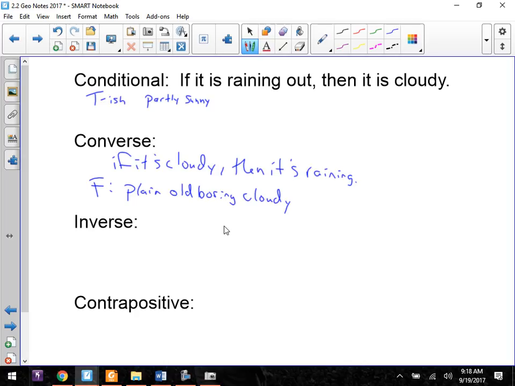Okay. Inverse. If it's not raining, then it's not cloudy. True or false? False, because it could just be cloudy out.